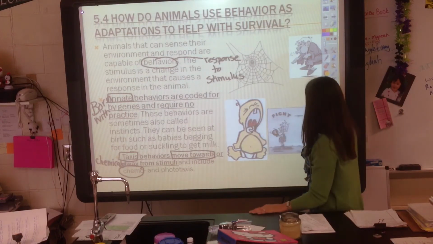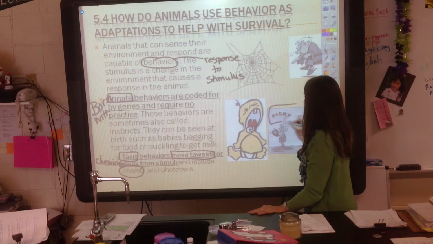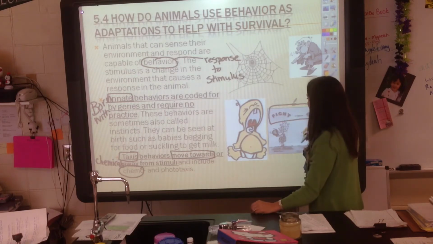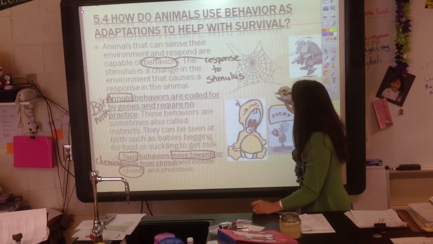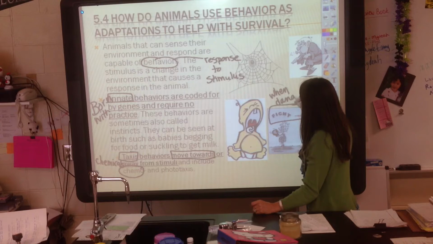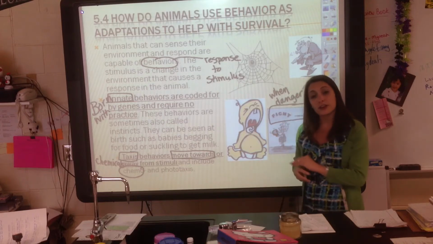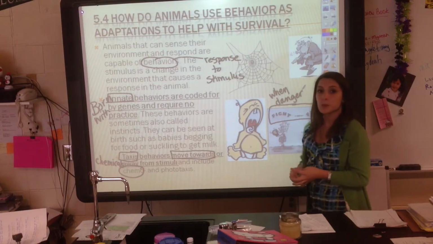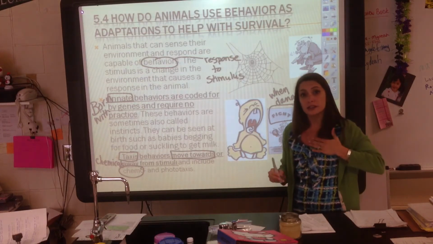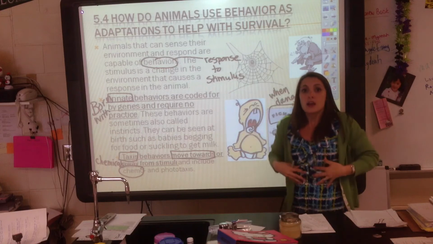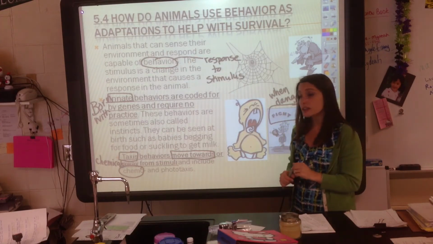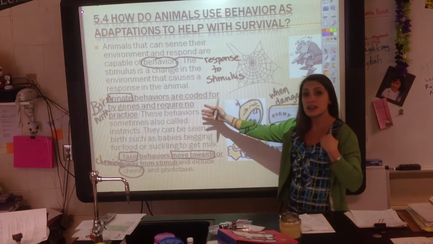The other one that we want to mention really quickly is the fight or flight response. The fight or flight response happens when there is danger. And as you saw in your apps in the last section, when there's the fight or flight response, your heart rate will increase, your pupils will dilate, your respiratory or breathing rate will increase, and this all happens innately.